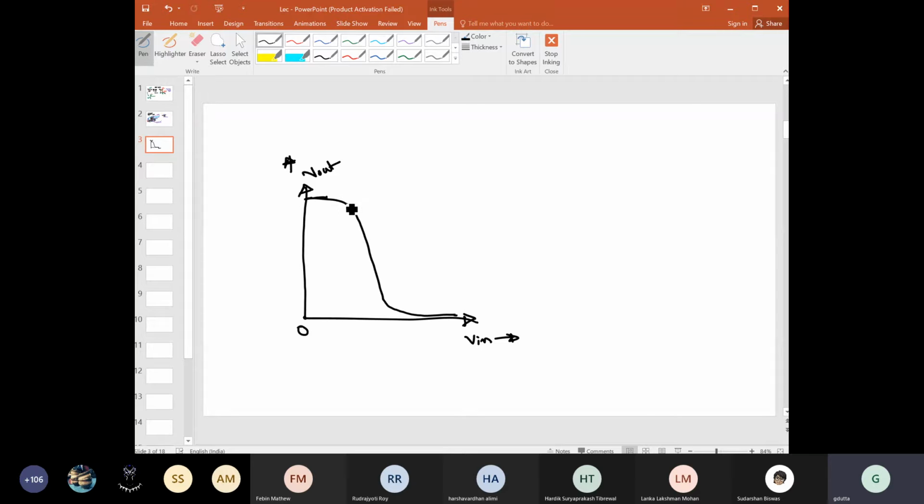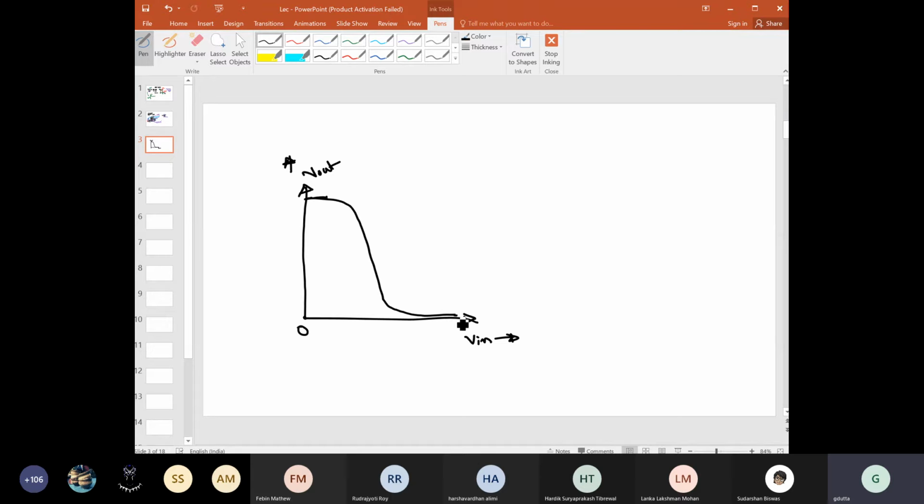Initially the fall will be quite small, means the slope will be quite small. After that, the slope of this fall, dV out by dV in, will be quite significant, and almost constant, and after that again that slope will reduce, and it will try to come parallel to the x-axis.